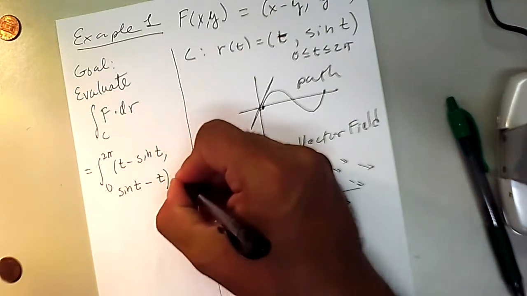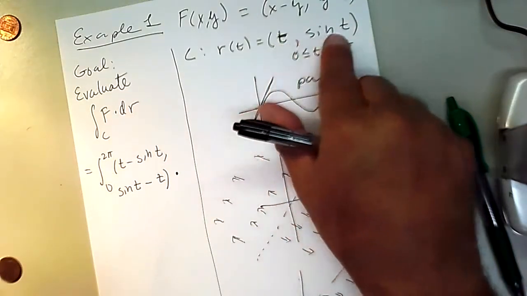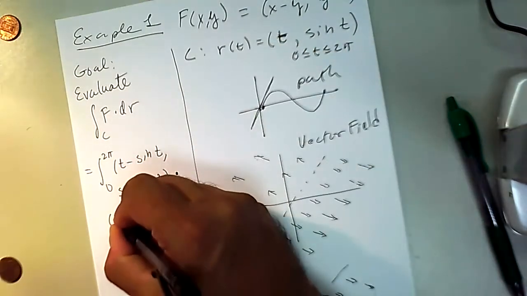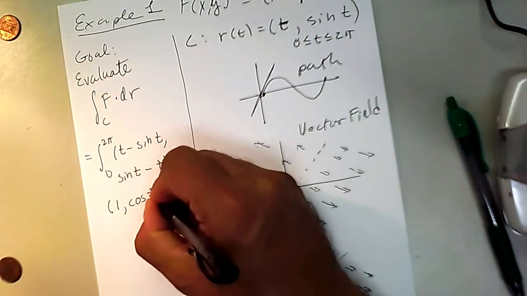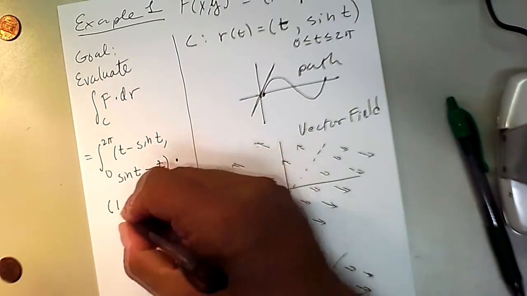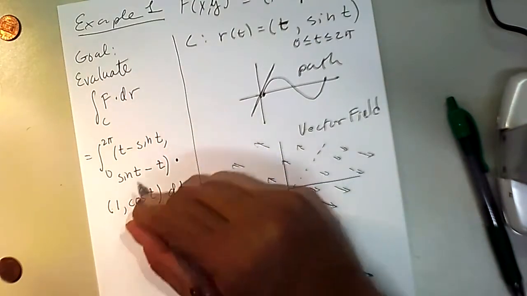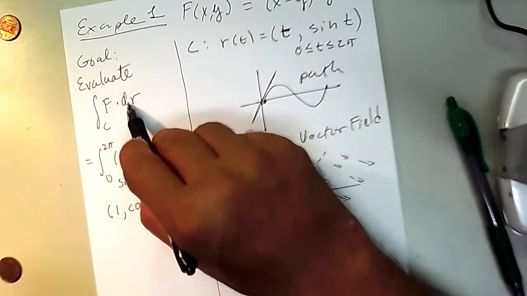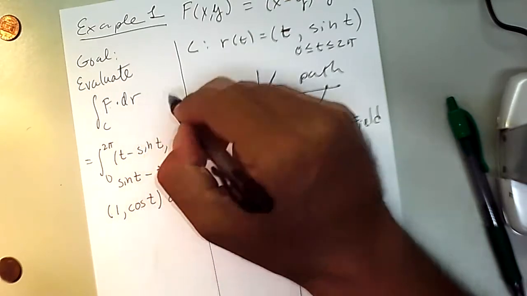So this is a vector, dotted with the derivative of this vector, which is 1, comma, cosine of t. Close the parenthesis, so this is another vector, dt. So remember, that is the way we figure this out: F dotted with r prime dt.